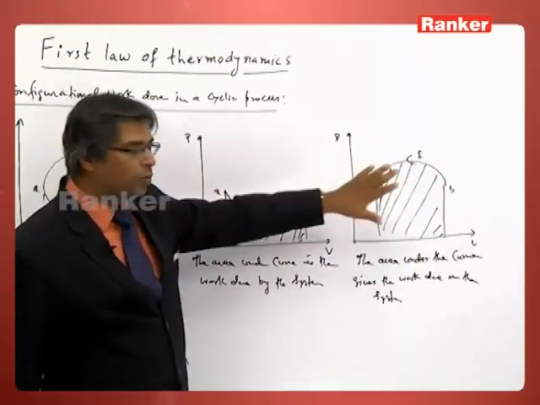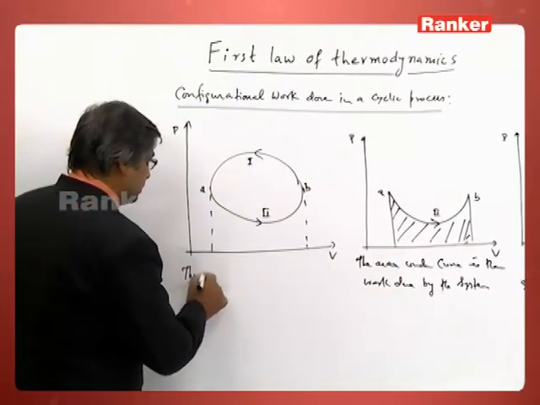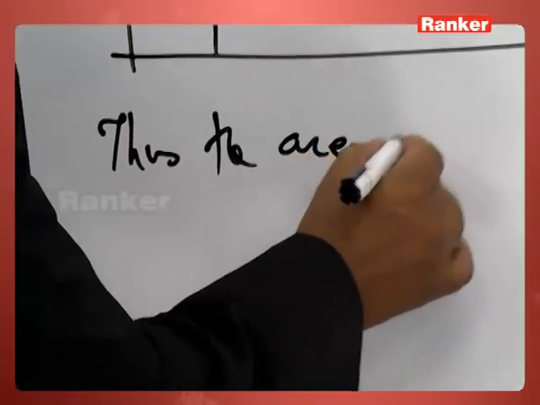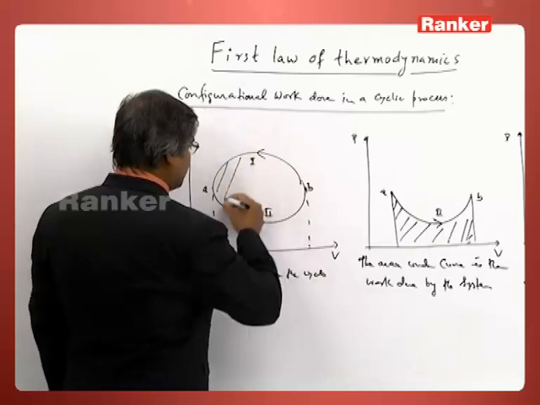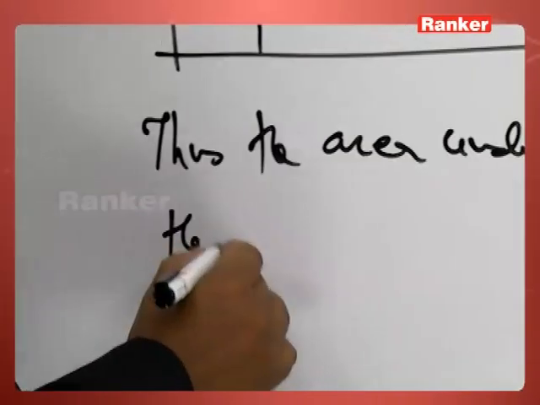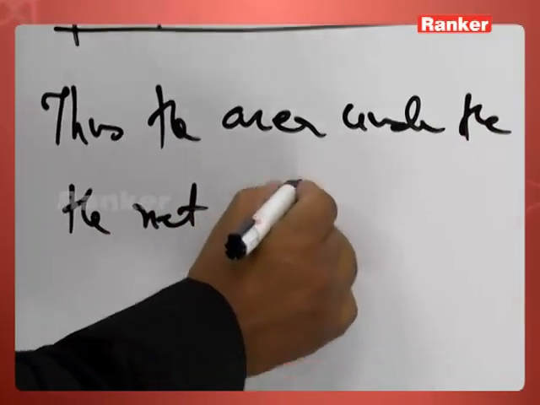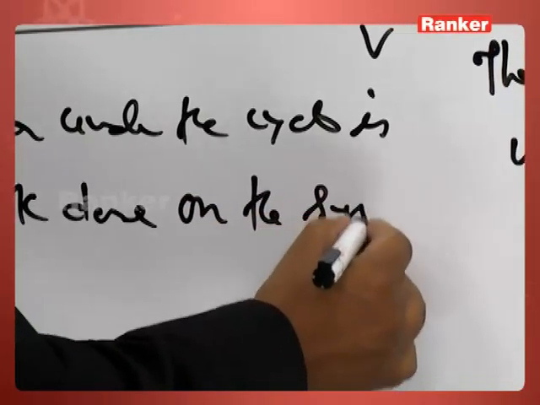Which area is more? This. Thus the area under the cycle is the net work done on the system.